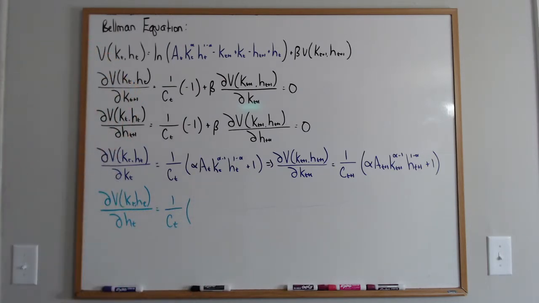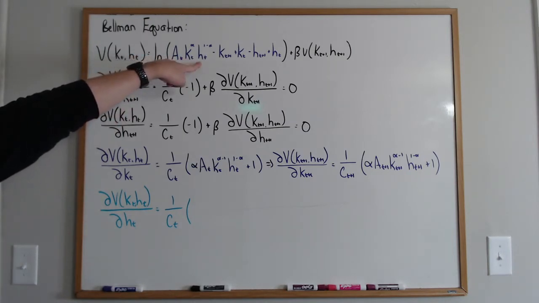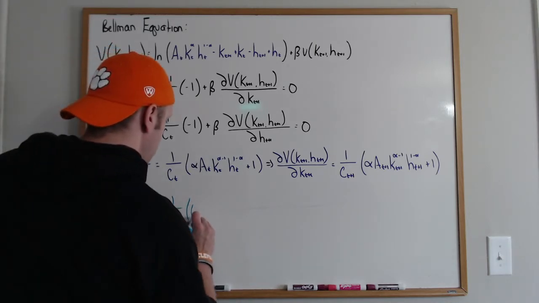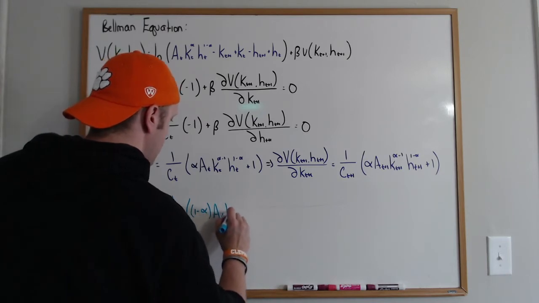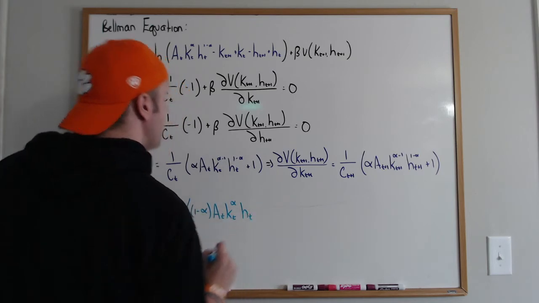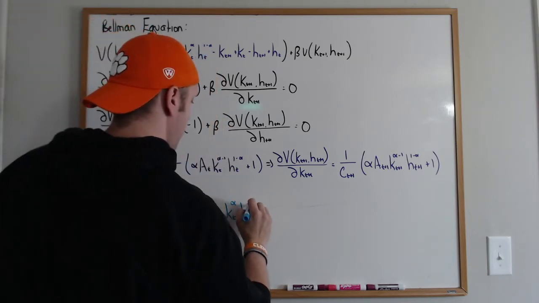But the stuff is now going to be different, because I'm differentiating with respect to a different component of this production function. It's not alpha anymore, it's 1 minus alpha that becomes the leading coefficient. So it is 1 minus alpha times A_t times k_t to the alpha times h_t to the 1 minus alpha minus 1, which is just minus alpha.